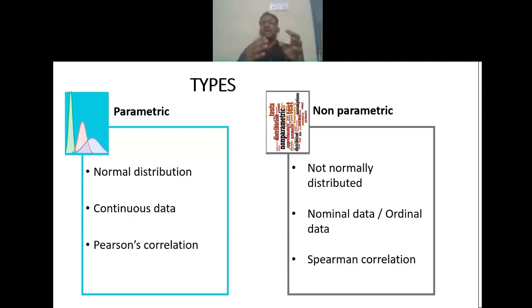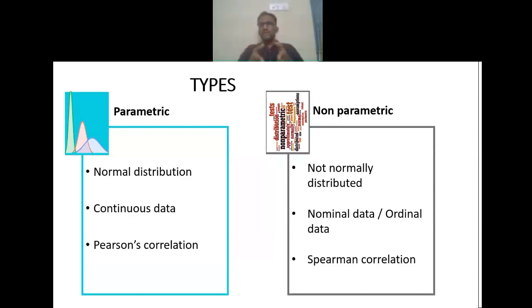Pearson's correlation. If, for example, let us consider the same BBS score, but you had segregated the data into two groups, like fallers and non-fallers, it is just two groups. Then this can be considered as nominal data, and we have to use non-parametric tests.